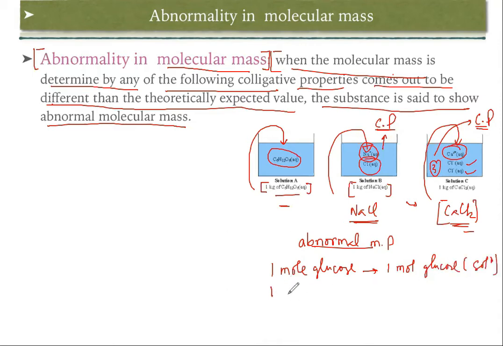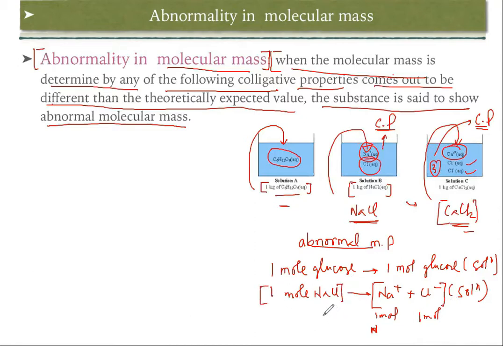Again, similarly, if you take 1 mole of NaCl, so in the solution part, you are going to get 2 moles of ions, that is 1 mole of Na plus and 1 mole of Cl minus. So in the solution part, we are going to get 2 moles of ions, whereas we have taken 1 mole of NaCl. So that creates the abnormal molecular mass.